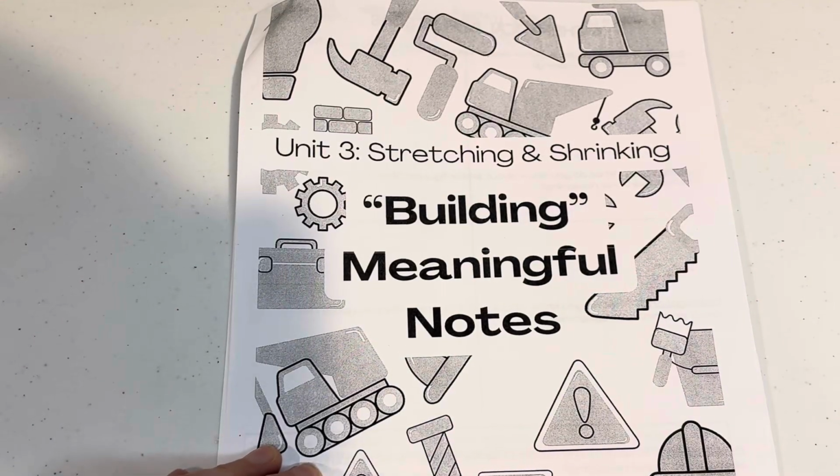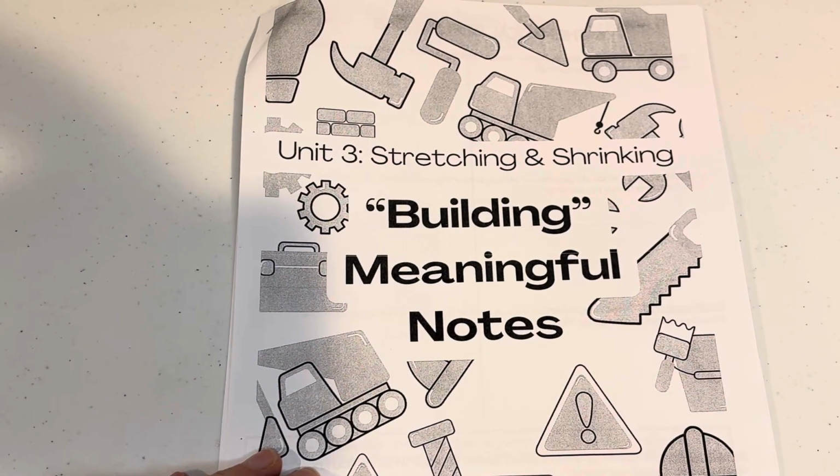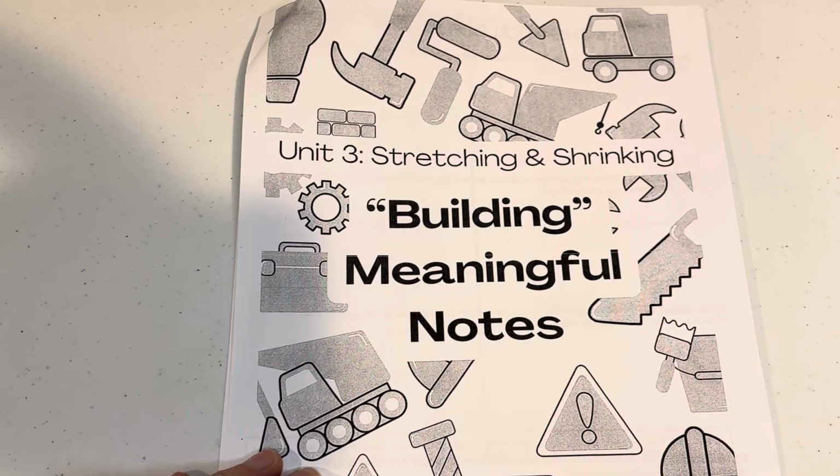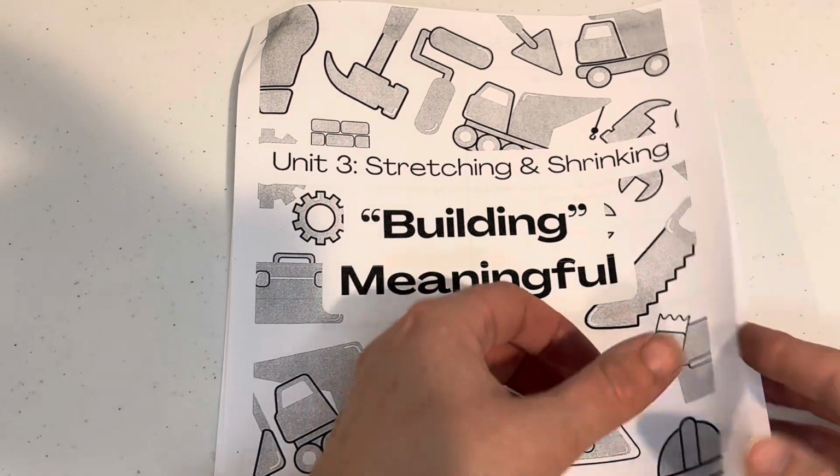Before we switch gears and summarize what this activity wanted us to take away from it, I want to go a little bit more into some of those what-if scenarios. They're already included in your Meaningful Notes packet.